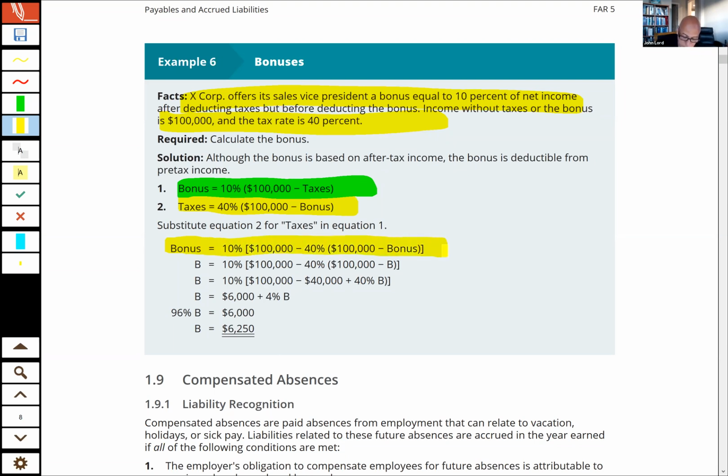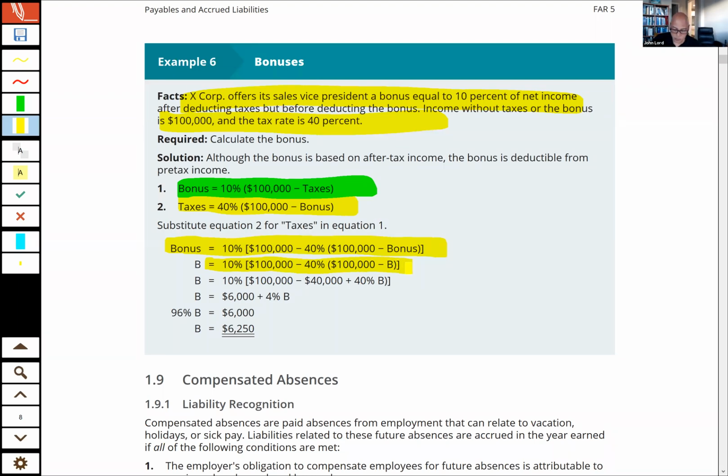And so what happens? Well, now I say that the bonus is 10% of 100,000 minus what? 40% of 100,000 minus the bonus. So now I just got to solve for what? For the bonus, right? So I go ahead and bonus then equals 10% of 100,000 minus 40% of 100,000 minus the bonus, right?